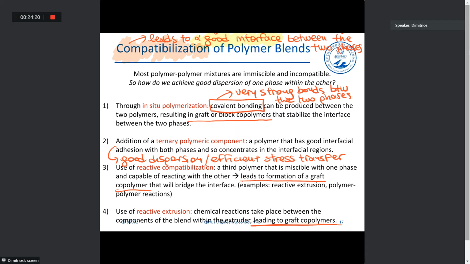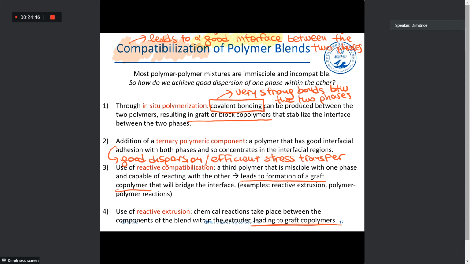So there are a number of strategies that we use in order to compatibilize two polymer blends, but in all these strategies, the ultimate target is to create strong bonds between the two phases, okay? And what are the strongest bonds? Usually they are covalent bonds between polymers, okay?